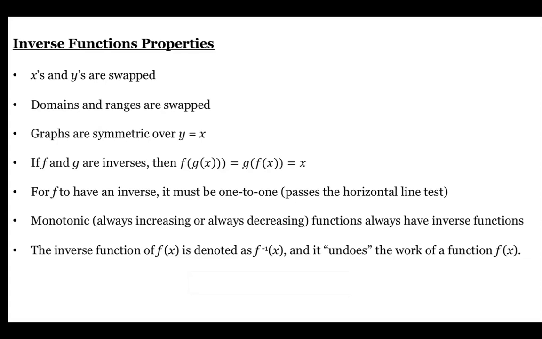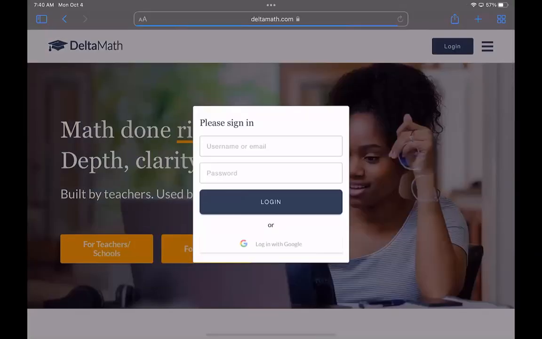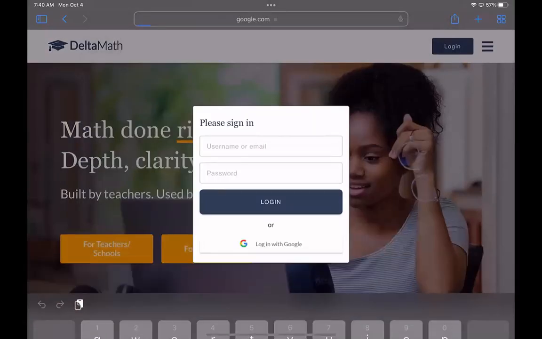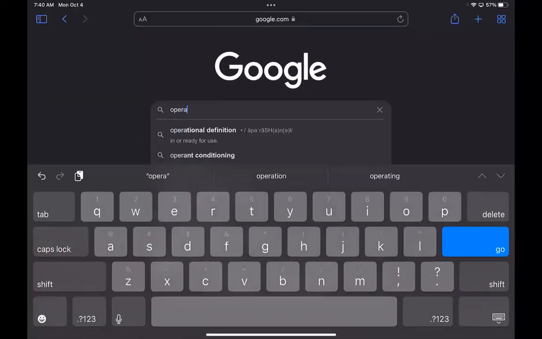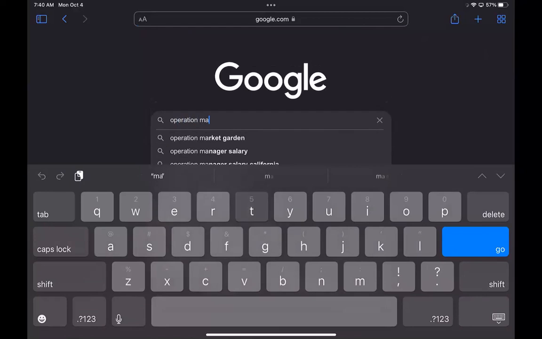You guys are up here, I'm looking for down here. Getting closer. What's an operation? Math.